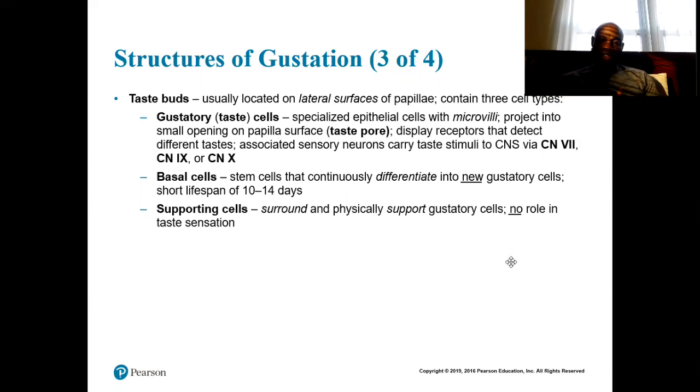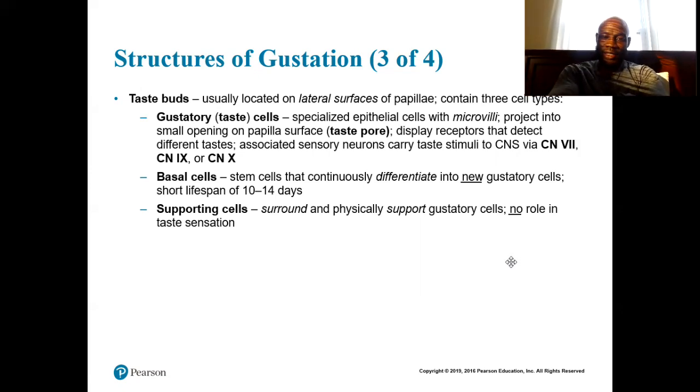Right? Taste buds, usually located on the lateral surface of the papillae, contain 3 cell types. Obviously, you have your gustatory cells, the ones that actually do the tasting, specialized epithelial cells with microvilli that project into a small opening in the papilla surface, the taste pore, and display receptors that detect different tastes.